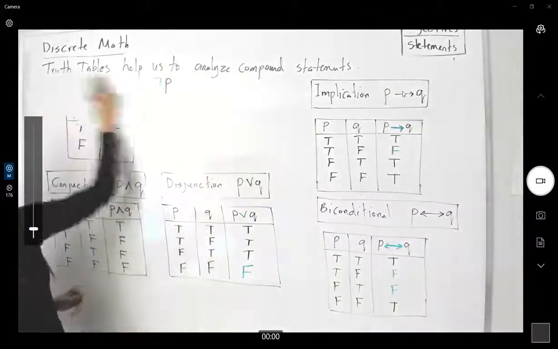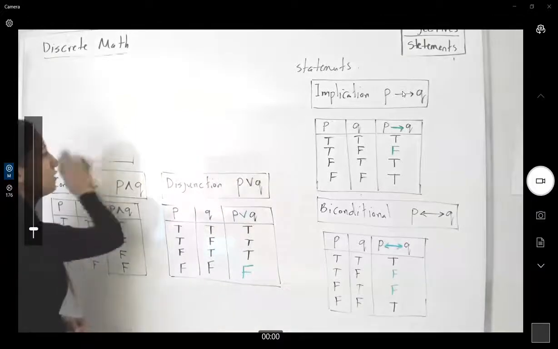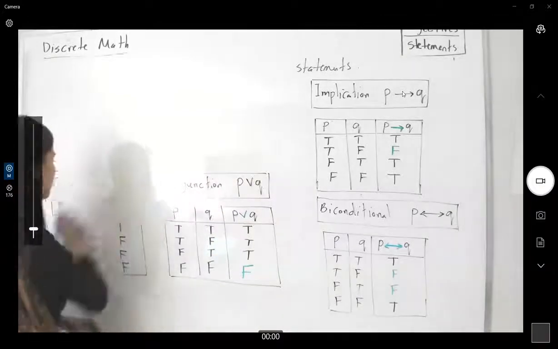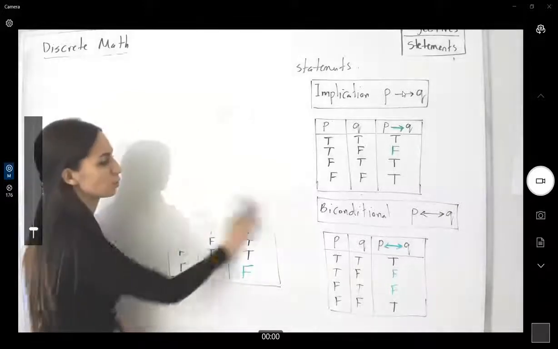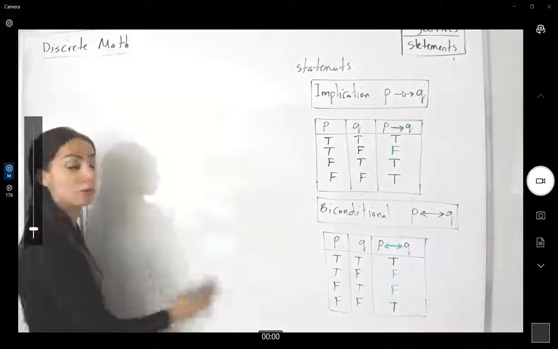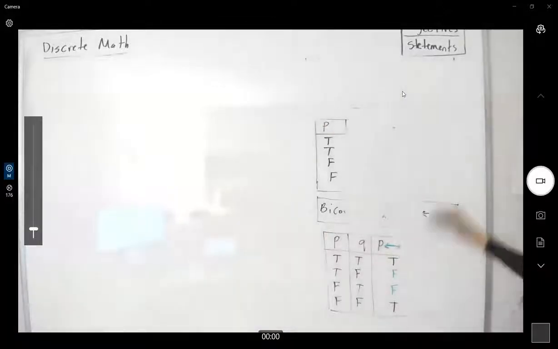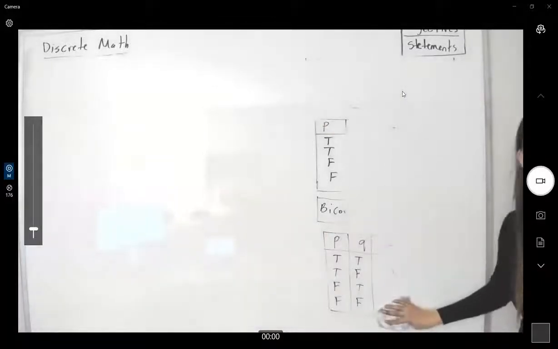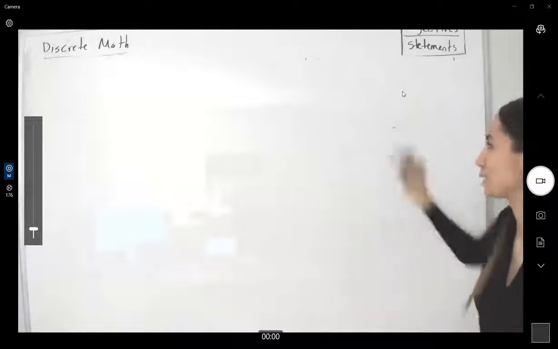Give us an example. Well, if you have fewer than 3 statements, it makes sense to use truth tables. But eventually, we're going to learn about laws, how to use those laws to simplify our compound statements and actually analyze the value of the compound statement. Let's take a look at one example here.